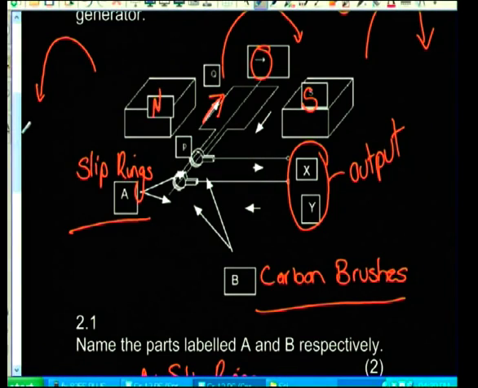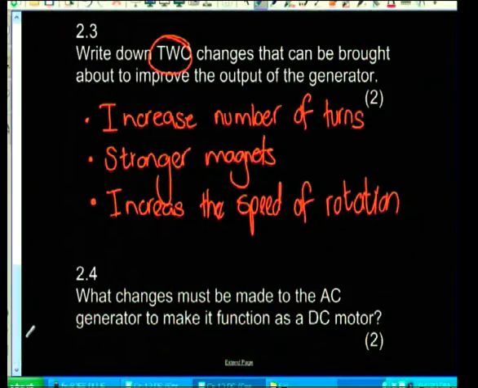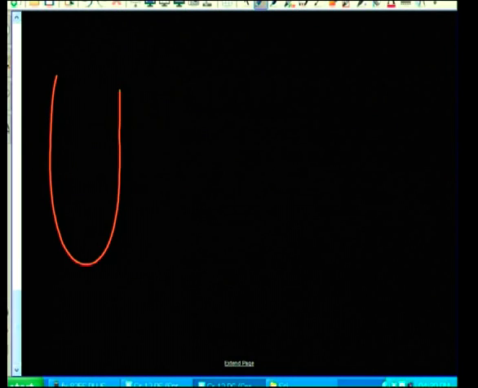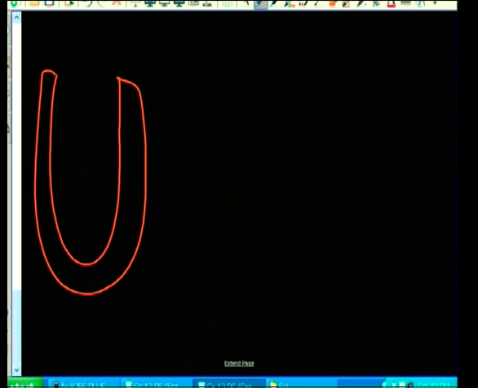There's a fourth thing we can do, which is quite an unusual way of doing it, but it's perfectly normal. You could use a horseshoe magnet. So here, instead of using 2 separate magnets side by side, you use one of those horseshoe magnets. This would be, say, north, this would be south.